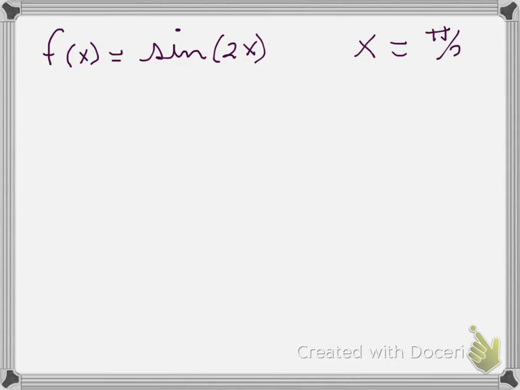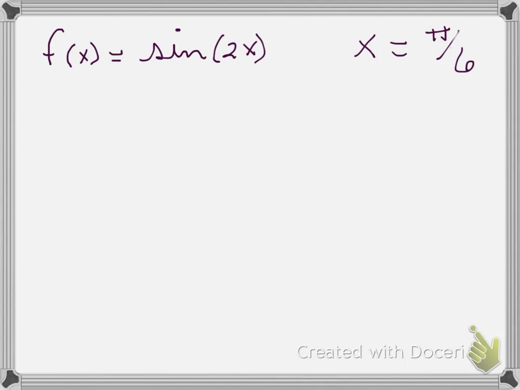If I gave you something like f of x equals the sine of 2x, and I told you that x was going to equal pi over 3, now let's do pi over 6, it'll be easier.